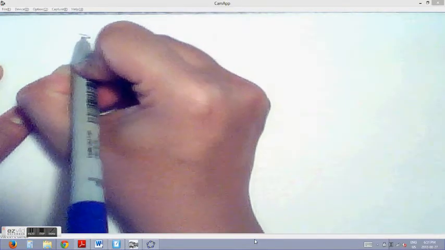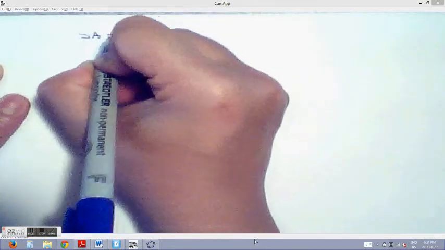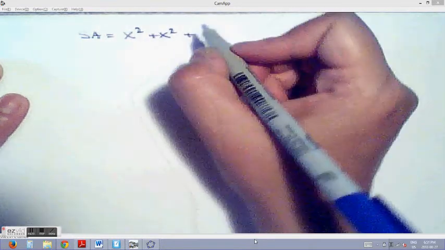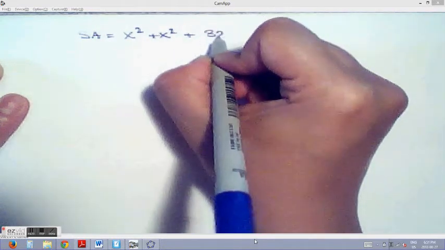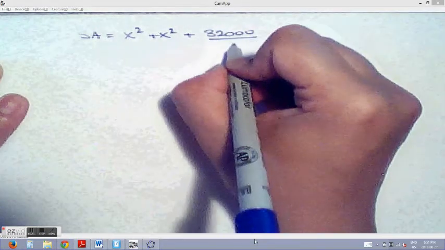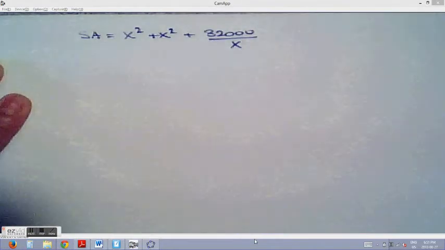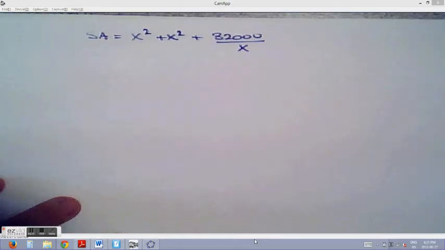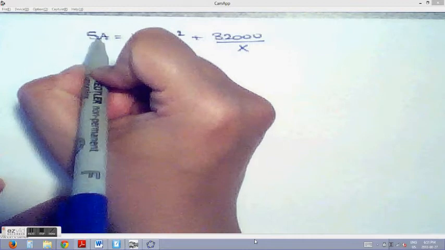Okay, so again, let's just write out the surface area formula that we came up with for our box after we made our substitution and our cancellations and simplifications. That's the word I'm looking for. Okay, so there's our surface area, but we're going to weight each part of the cardboard box a different weighting.